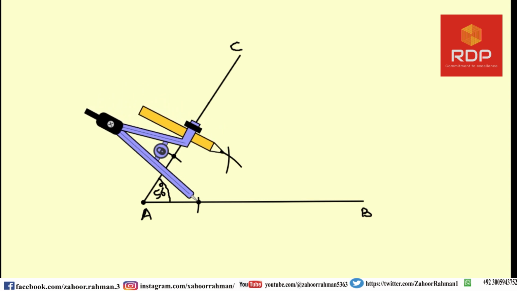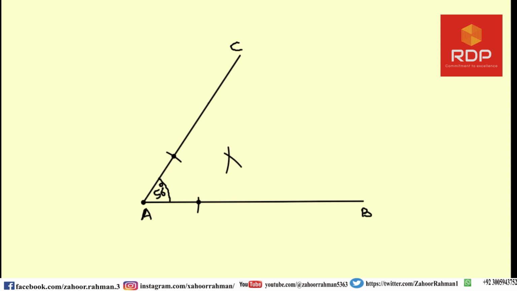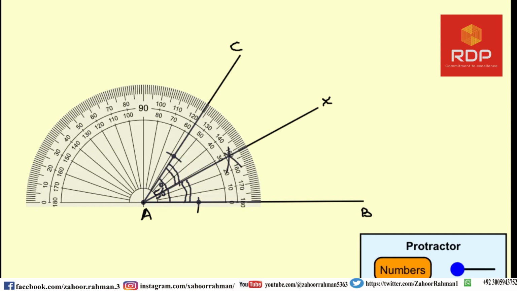Then again you have to remove this and draw a straight line from here like this, which is passing through the intersection point of this, and let me label it as X. Now this angle will be equal to this angle, and let us see that.